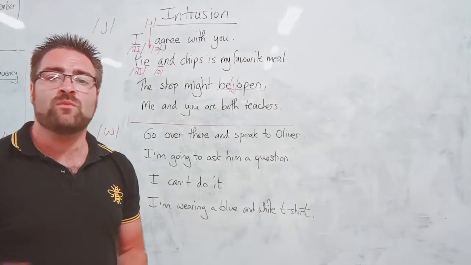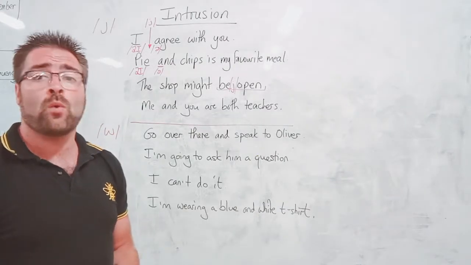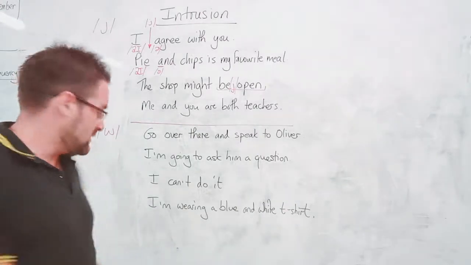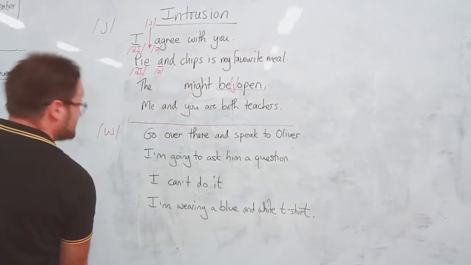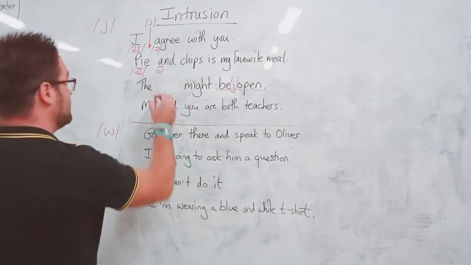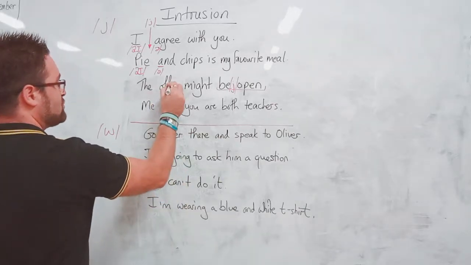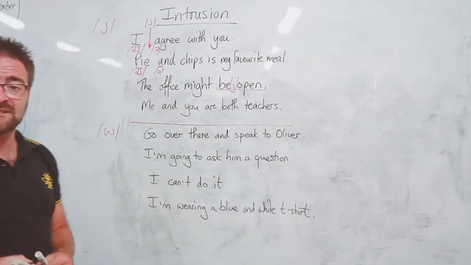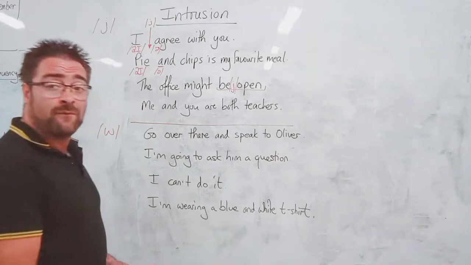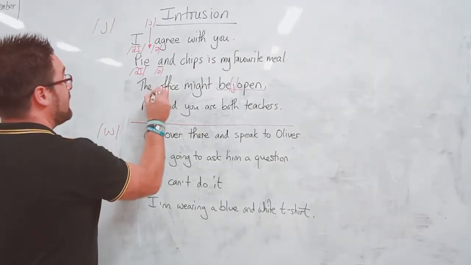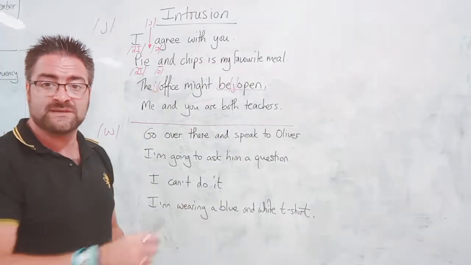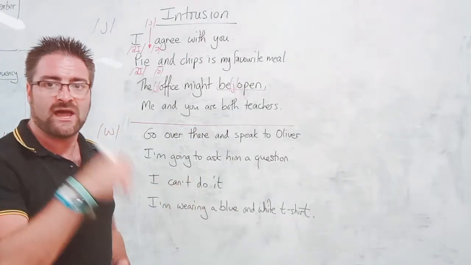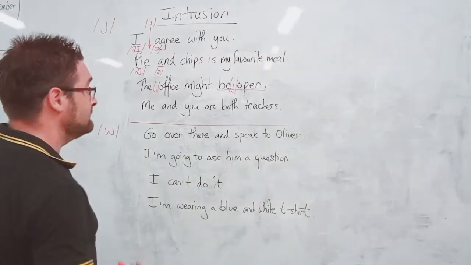This also happens when we use the word the with a sound or a word that begins with a vowel sound. So, if I change shop to office, then the office becomes the-y-office, and there is a y sound in there.